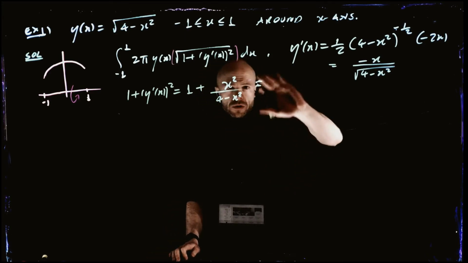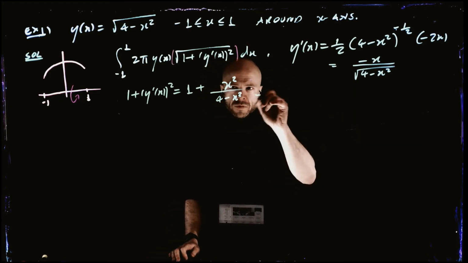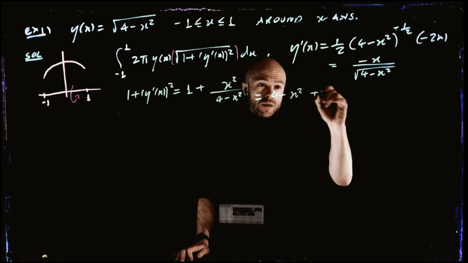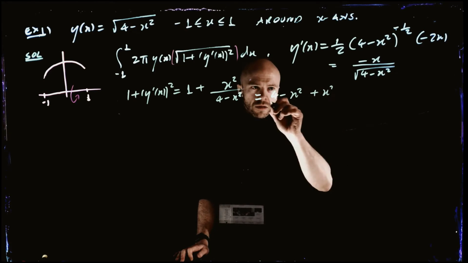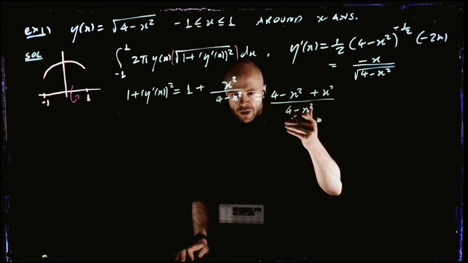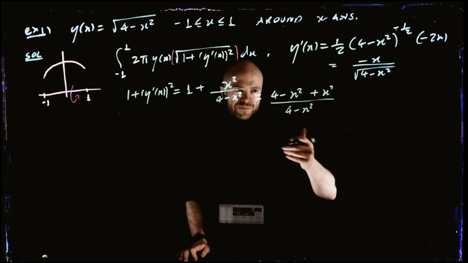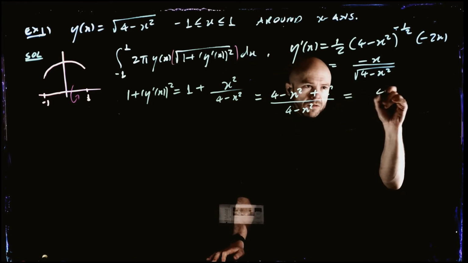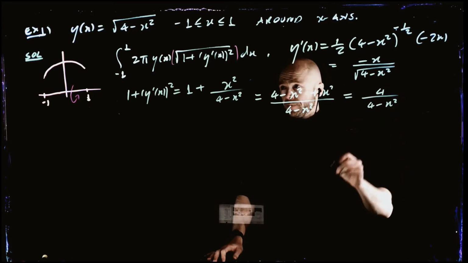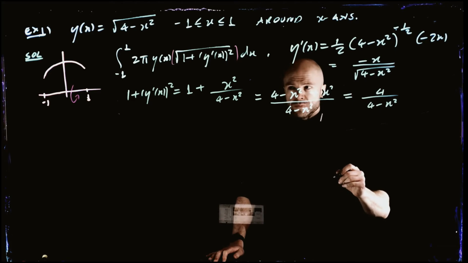So let's put it down here: 4 minus x squared, and then plus x squared over 4 minus x squared. So I just put things on the common denominator. And then that's just becoming 4 over 4 minus x squared. Everybody happy?